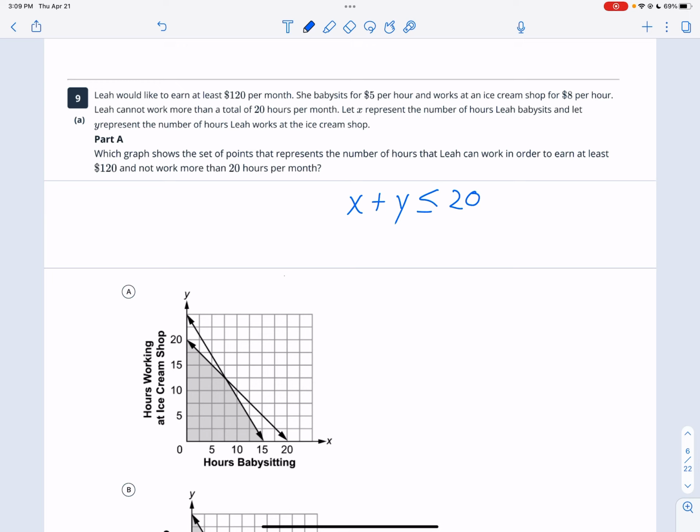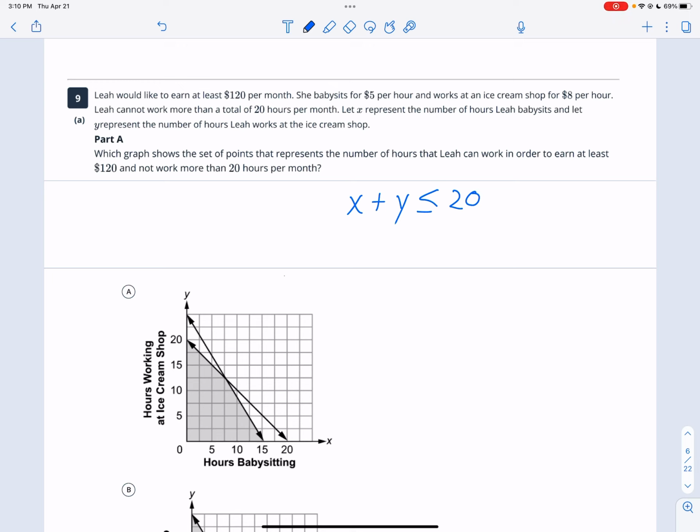We need another inequality. She babysits for $5 per hour and works at an ice cream shop for $8 per hour, and she wants to make at least $120. So even though this has to do with money, we're still relating it to time.